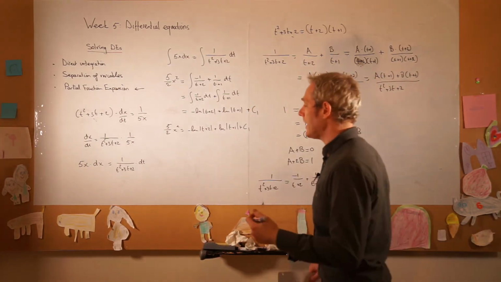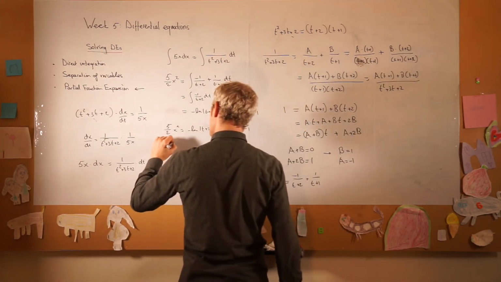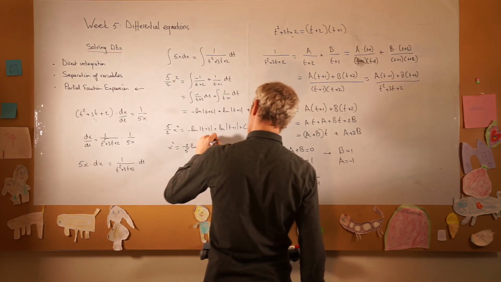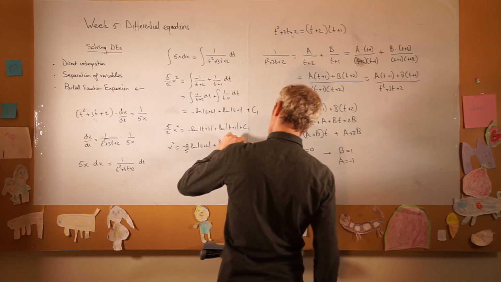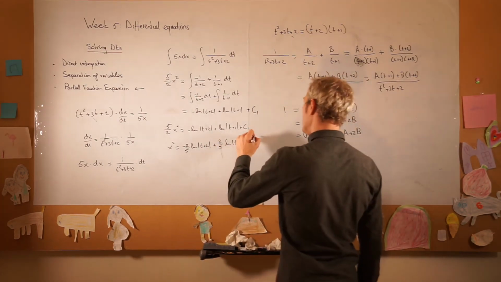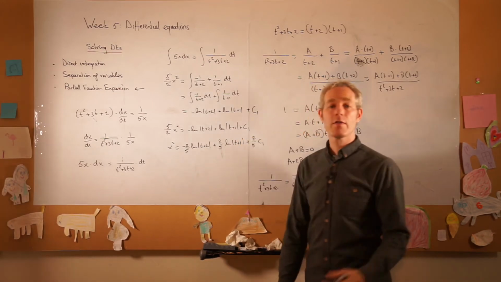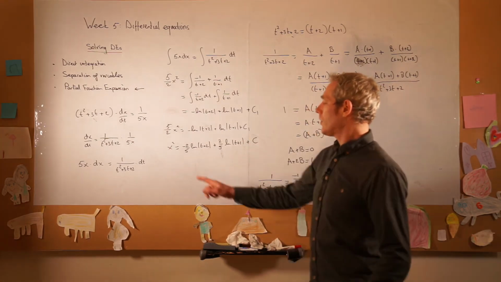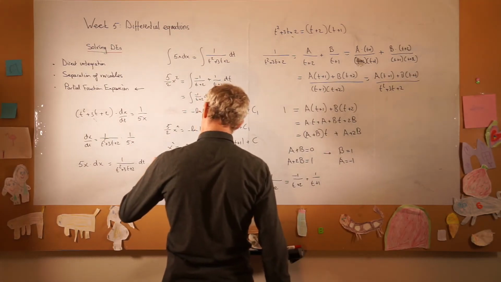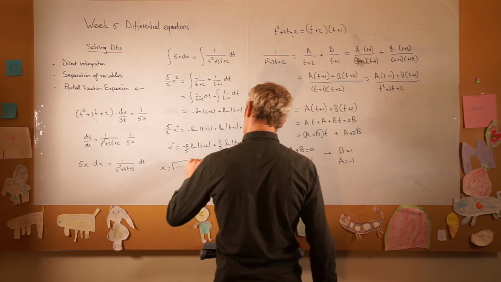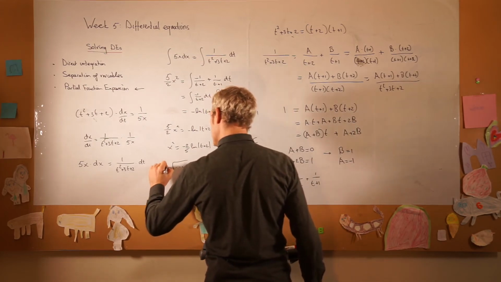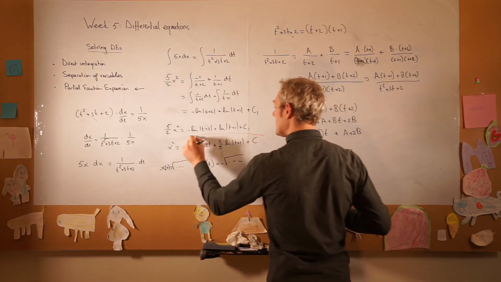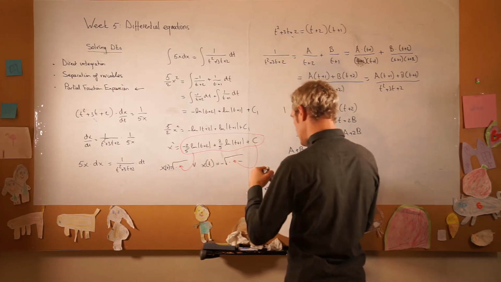Now, to find our solution x of t, I multiply this by 2 over 5, so x squared is minus 2 over 5 ln t plus 2 plus 2 over 5 ln t plus 1 plus 2 over 5 times C1, but that is also a constant, so I'm just going to replace this by C. If x squared is equal to that, then x is the square root of what we find here, or, to be complete, x of t is minus the square root of what we find here.